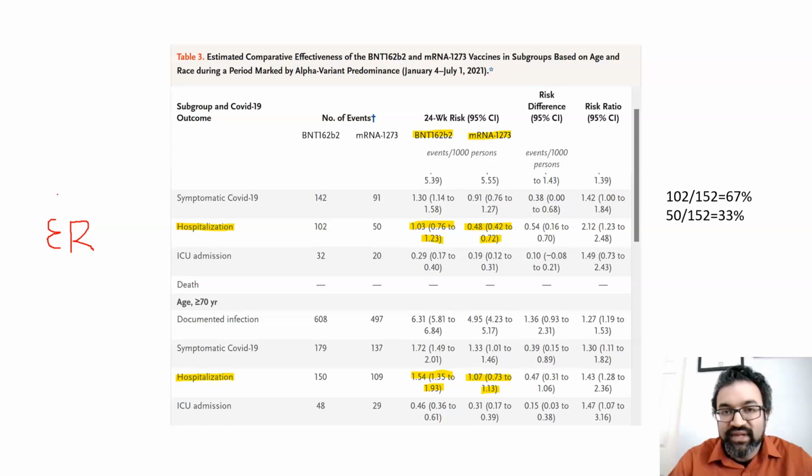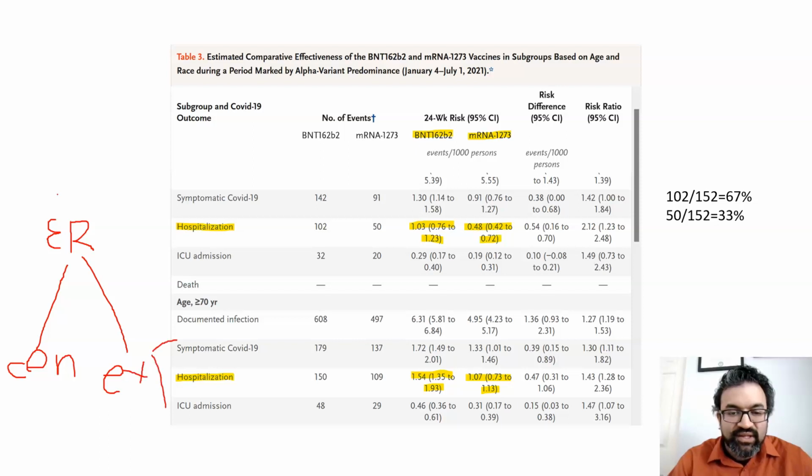But you're actually interested in two types of event rates. Usually one within the control and one within the experimental group. So I'm going to write control and experimental here. Then what you're looking for is the rate that's needed in each one of these.